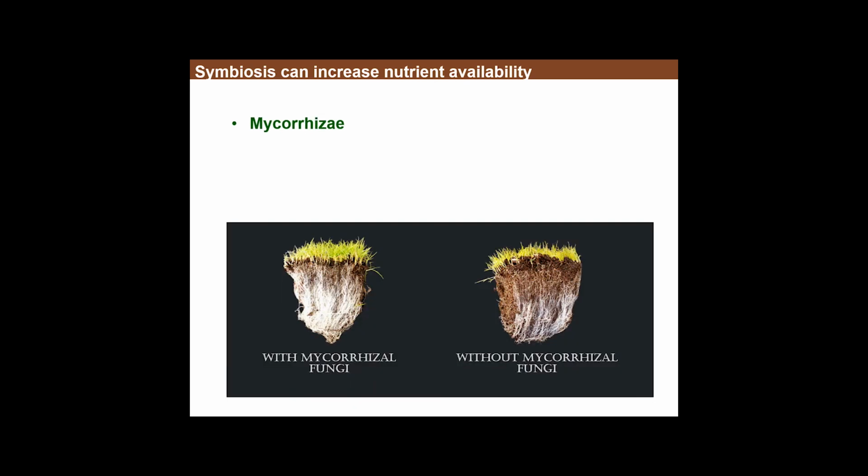Symbiosis with mycorrhizae is also a really key way that plants can obtain nutrients more easily, increase their surface area for searching for elements like phosphorus, for example. You can see in this picture that there's much more vibrant root mass here where the mycorrhizal fungi have colonized this plant.